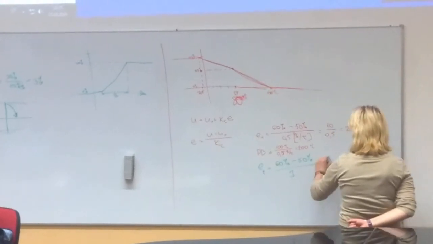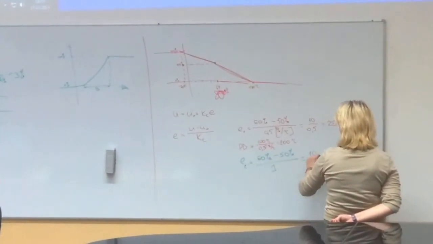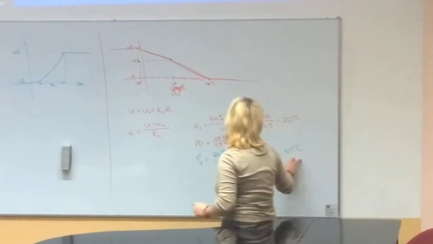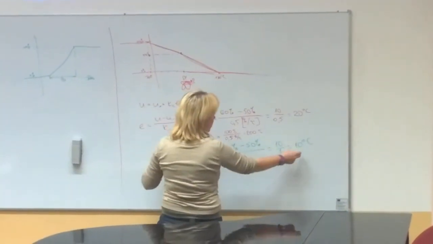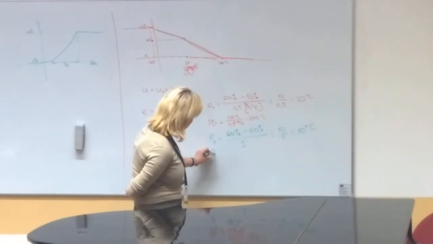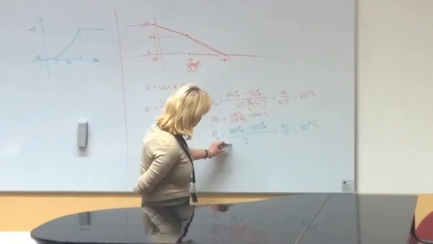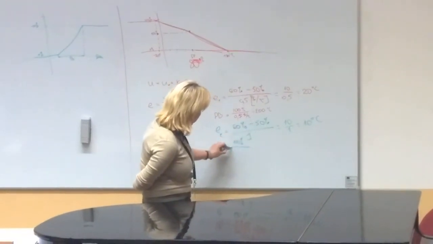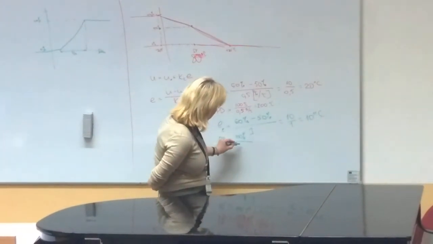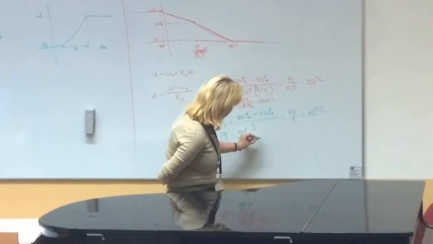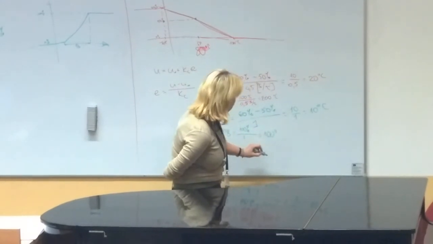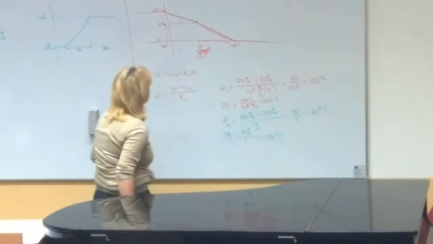So for that matter, we have an offset error of 10 degrees Celsius, and the proportional band will be 100% divided by the gain of the controller, and the gain of the controller equals 1. So we will have 100 degrees Celsius.